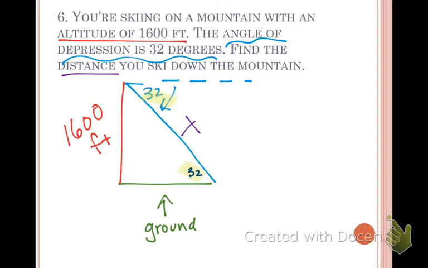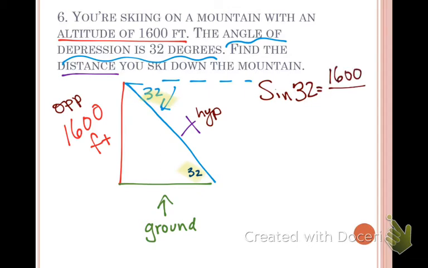So we're going to use a trig ratio. What kind of side is 1,600? And then X is hypotenuse. So which trig ratio is that going to be? Sine of 32. Equals the opposite, 1,600 over the hypotenuse, which we don't know. Can I multiply both sides? No, I've got to flip.